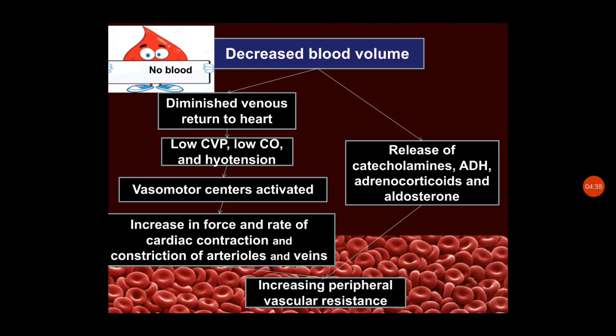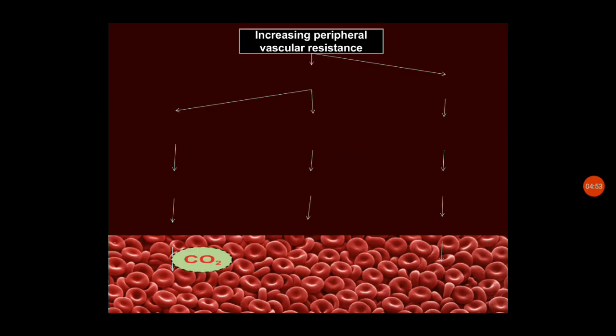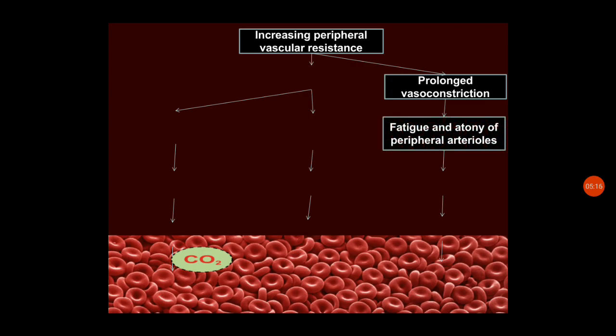As a result of these two sides, peripheral vascular resistance will be increasing. This causes prolonged vasoconstriction, especially in the extremities, gastrointestinal system, and other areas, in order to divert blood from the periphery to vital organs. This will cause fatigue and atony of peripheral arterioles.